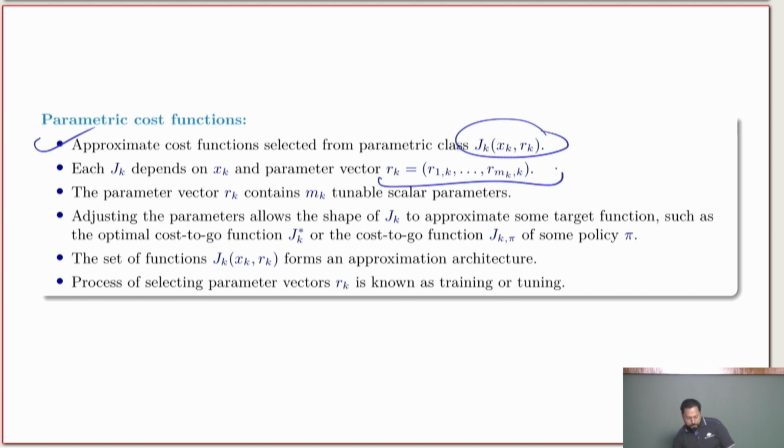So there are m of these parameter vectors, and this set of functions for various parameter r obviously gives me a variety of functions to choose from. It's a class of functions. For different r, I get different approximation functions here.